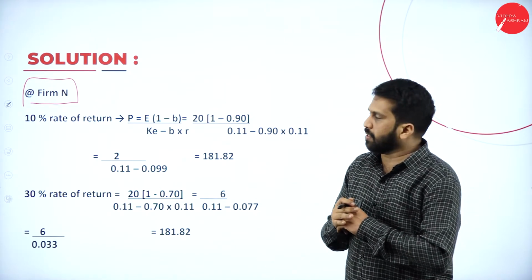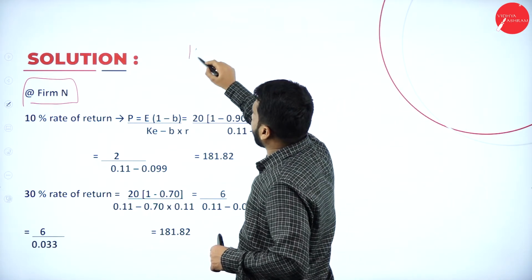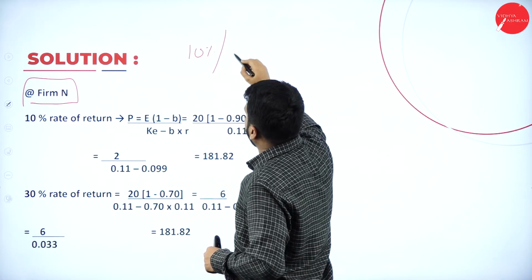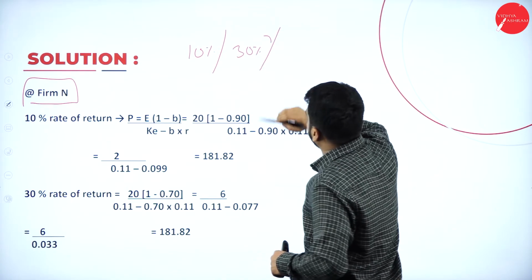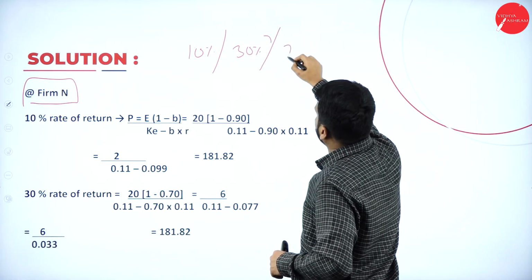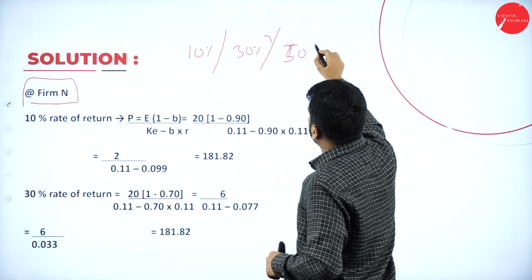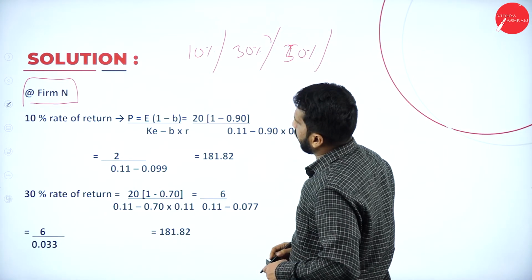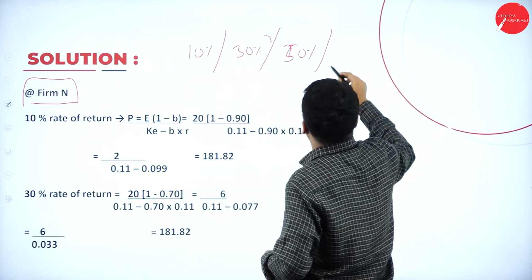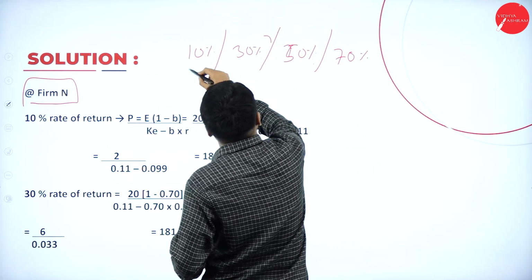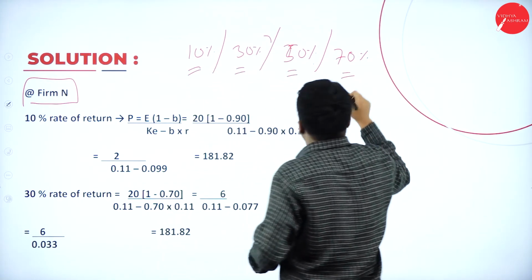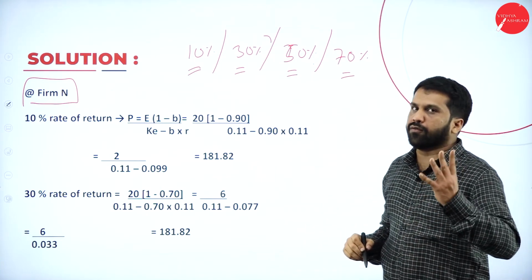How to calculate? Same procedure. We have to calculate for 10, for 30, for 50, and the last one, 70. 1, 2, 3, 4. Total calculations are 4.